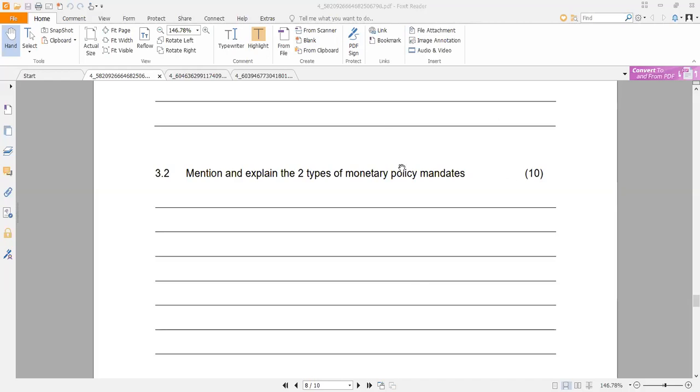Okay, yes, the dual mandate. We are not simply saying the primary objective of the central bank is price stability, but we are now saying we should have two objectives: increasing employment and also trying by all means to keep inflation as low as possible.